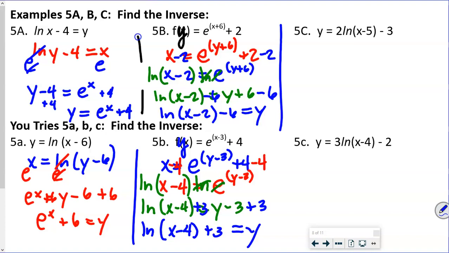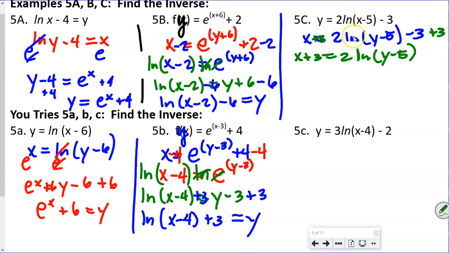a little more complicated. So once again, we're going to say x equals 2 ln of y minus 5 minus 3. So the first step we're going to do here is get everything but the ln, okay? So we're going to add 3 to both sides. So that's going to give us x plus 3 equals 2 times our ln of y minus 5.